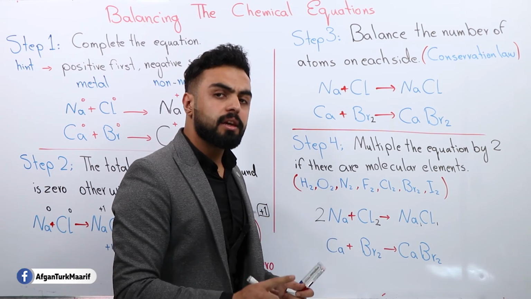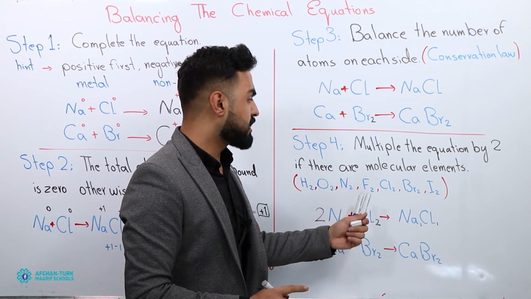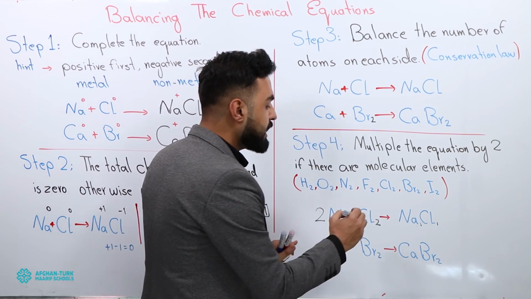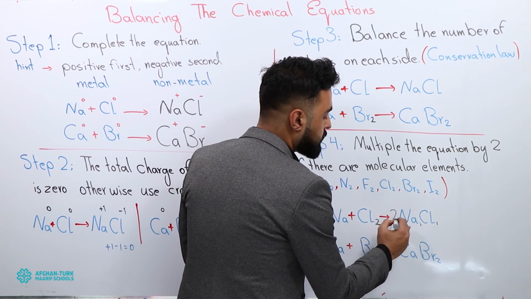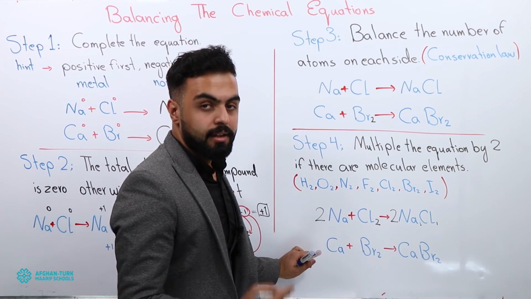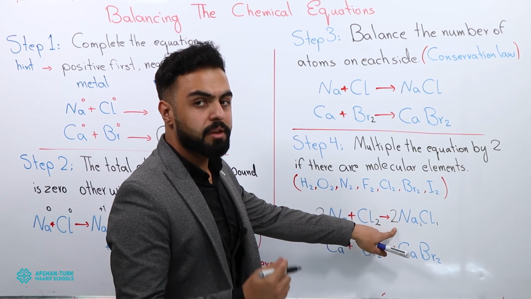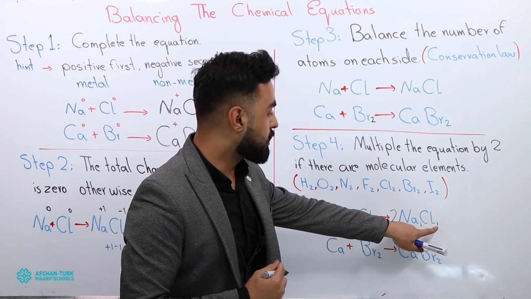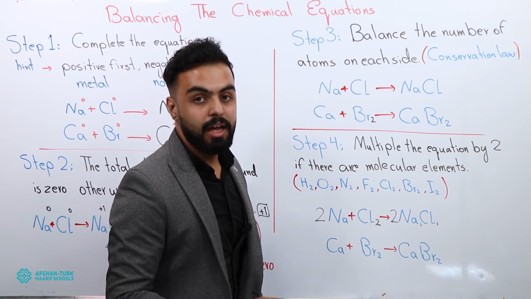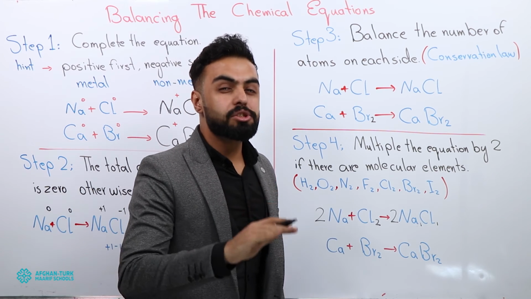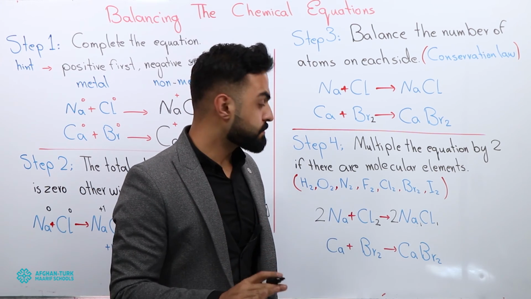So the only thing in balancing the equation that you can do is adding coefficients at the first of compounds. This is only for the compounds. Adding numbers at the first of the compounds, not the numbers inside the compound. You can totally not change them at all.